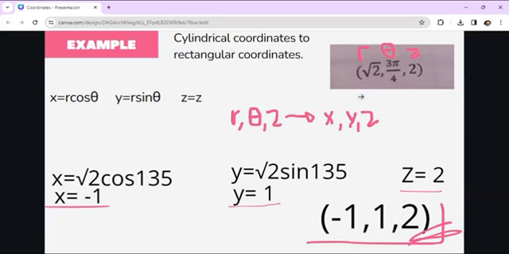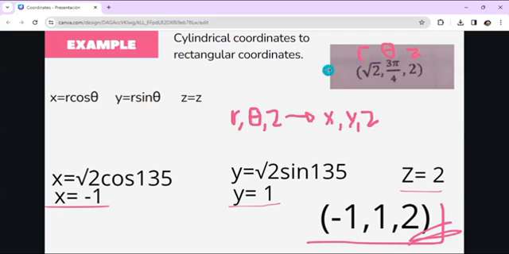So we need to use these equations to resolve it. And the only thing that we need to do is put the numbers in the correct order. So I will start.